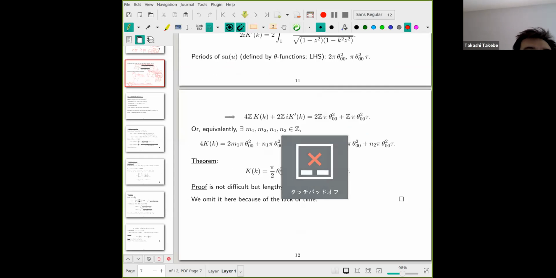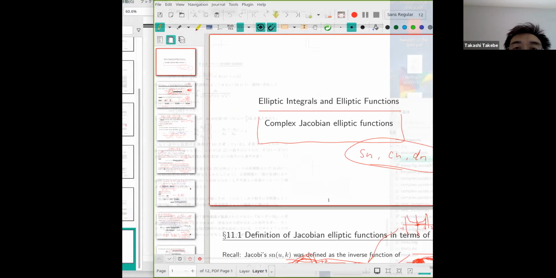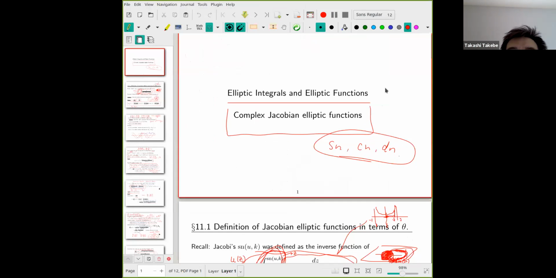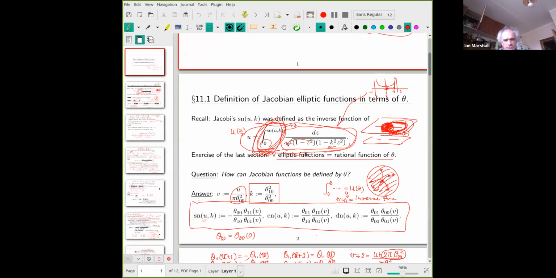So last time we began talking about complex Jacobian elliptic functions. In February, I guess, we defined Sn as the inverse function of the elliptic integral of the first kind, like this.